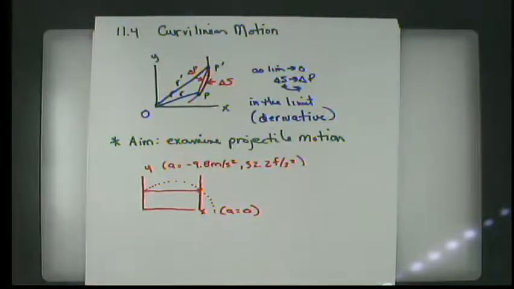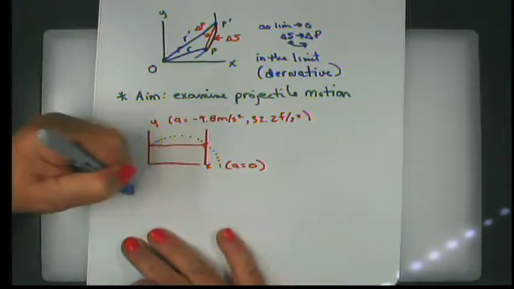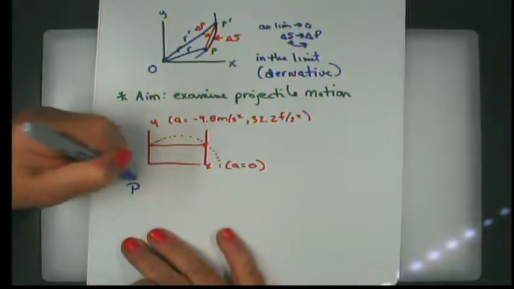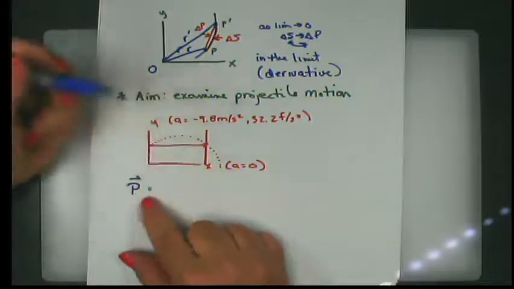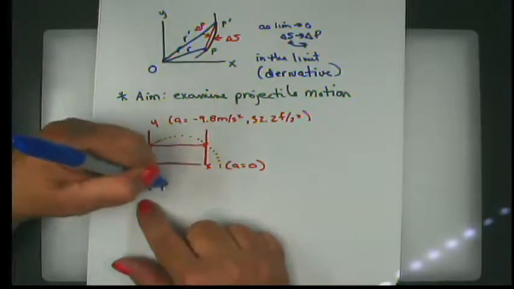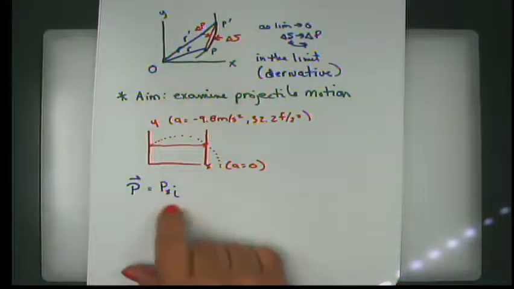And most of 11.4 talks quite a bit about vector math. But basically, what we can say is the vector p, whatever you want to call that, the position vector, is basically going to be some component p sub x times the i unit vector.